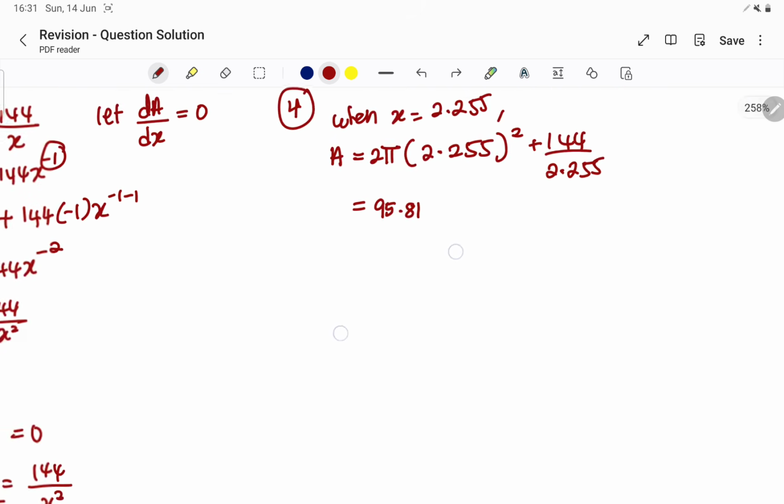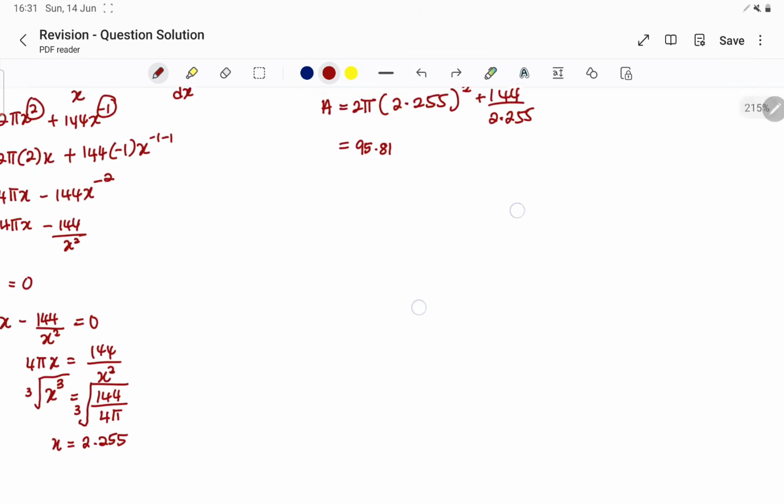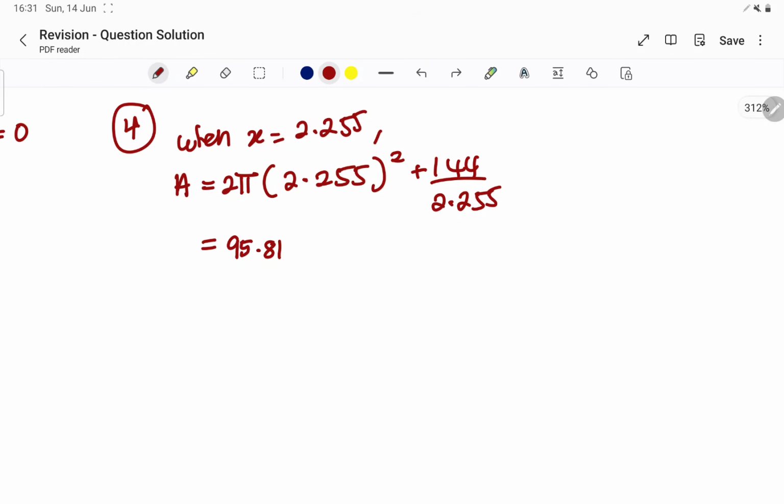Now, we want to show that the surface area is minimum. In order to show whether it is minimum or not, we have to differentiate the area twice. We already got dA/dx.